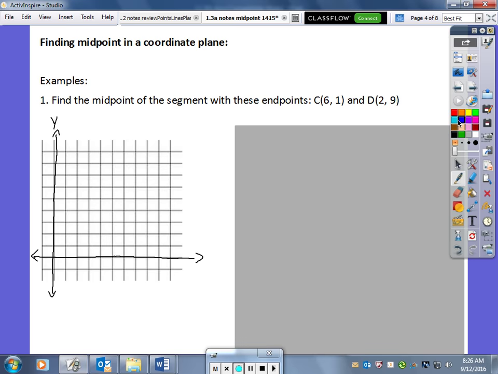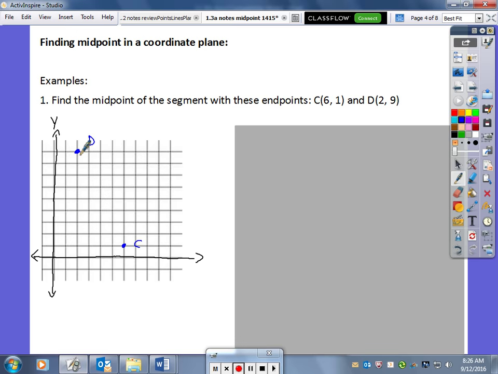And so my points are C is at 6, 1, and D is at 2, 9. Here are our 2 points, and I'm going to connect these 2 points with a segment.